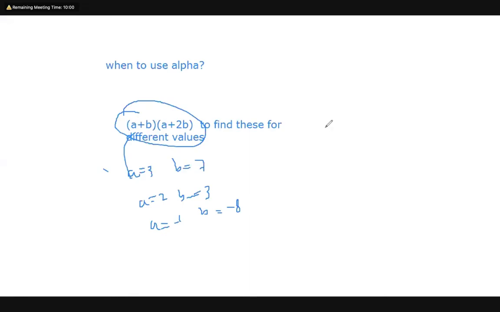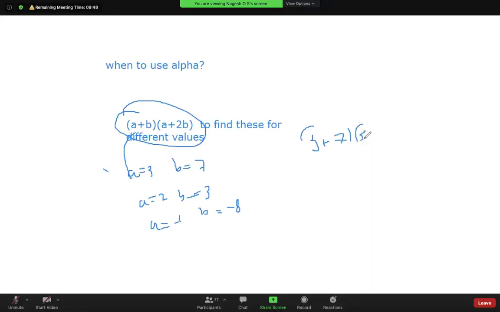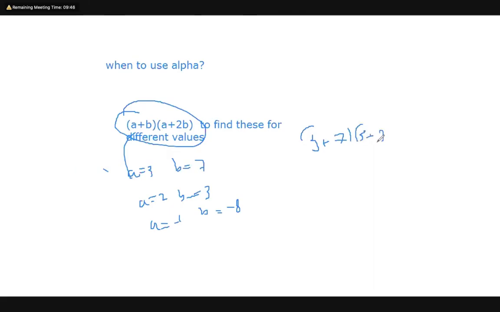If you find out this using calci, you will place 3 plus 7 into a value, 3 plus 2 into 7, like this you will calculate.